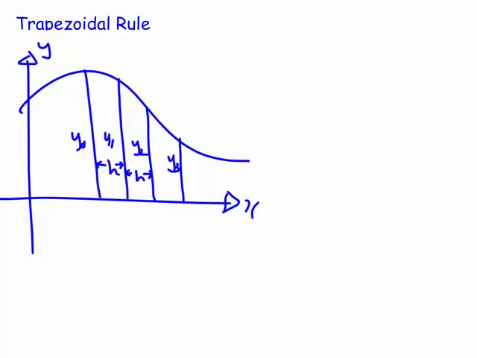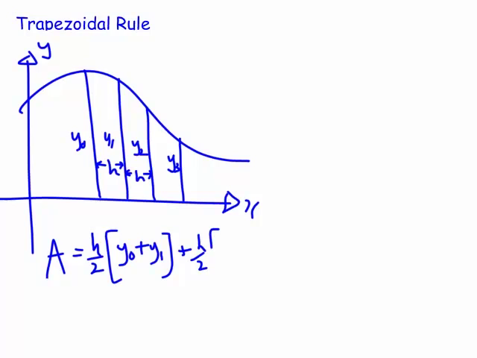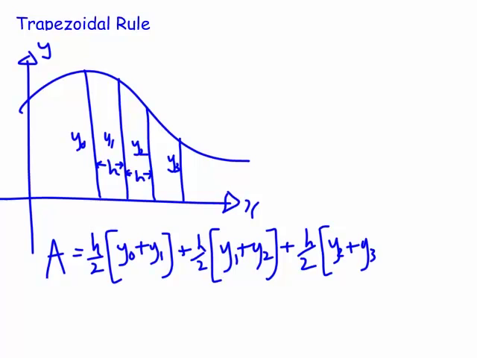So let's try and work out what the area would be. Well, the area would be h on 2 times y0 plus y1, then h on 2 times y1 plus y2, then h on 2 times y2 plus y3.